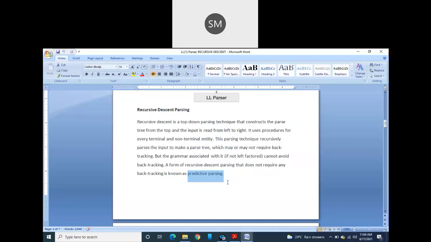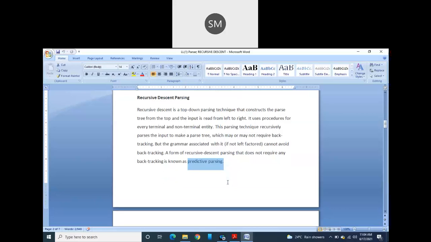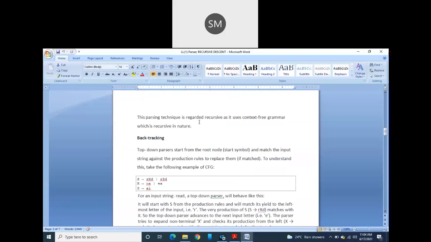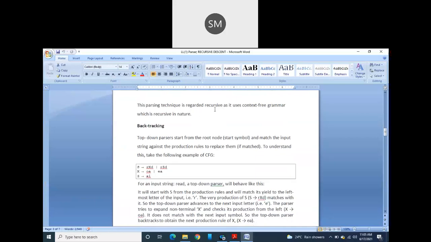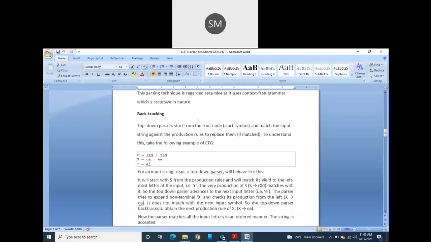So, recursive descent parsing with non-backtracking is called predictive parsing. Remember, if I am not going back to my parent node, then that is called predictive parsing. This is the parsing technique for recursive grammar, which is recursive in nature.